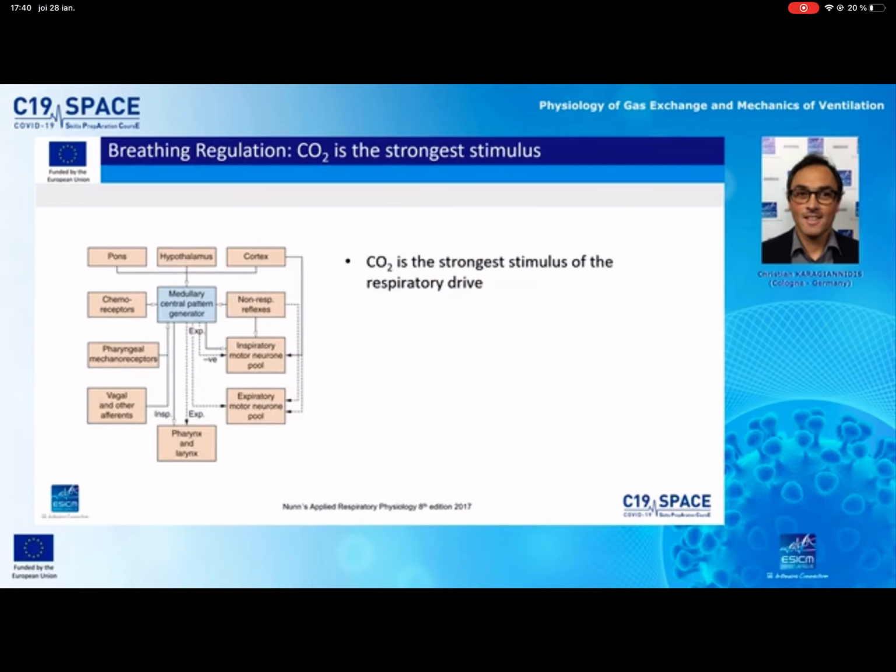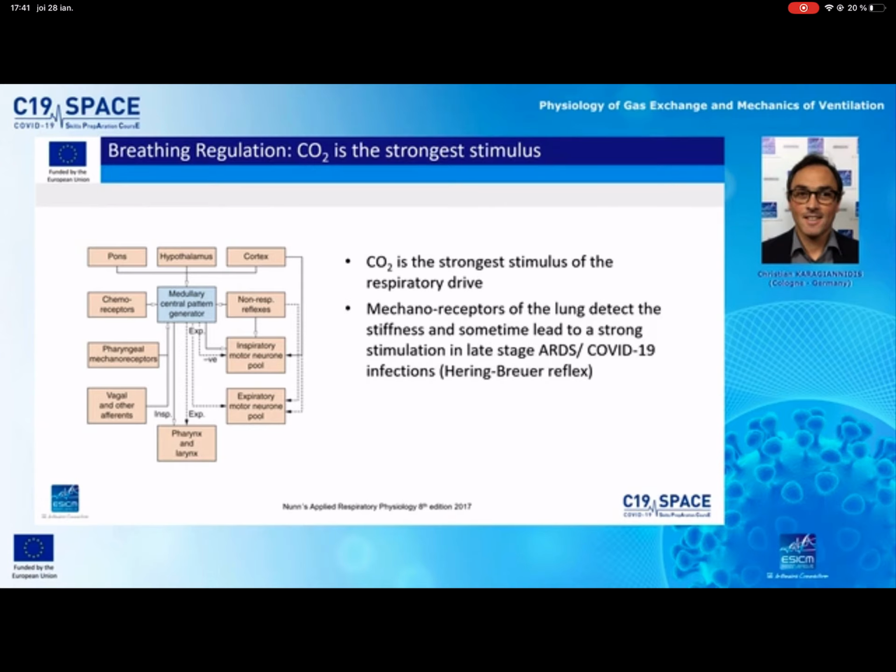CO2 is also the strongest stimulus of the respiratory drive, which you can see sometimes in hypercapnic patients if they are still awake. In regard of the COVID-19 patients, we have not only CO2 as one strong stimulus of the respiratory drive, but we also have mechanoreceptors in the lung, which detect the stiffness in the lung and sometimes lead to a very strong stimulus of breathing.